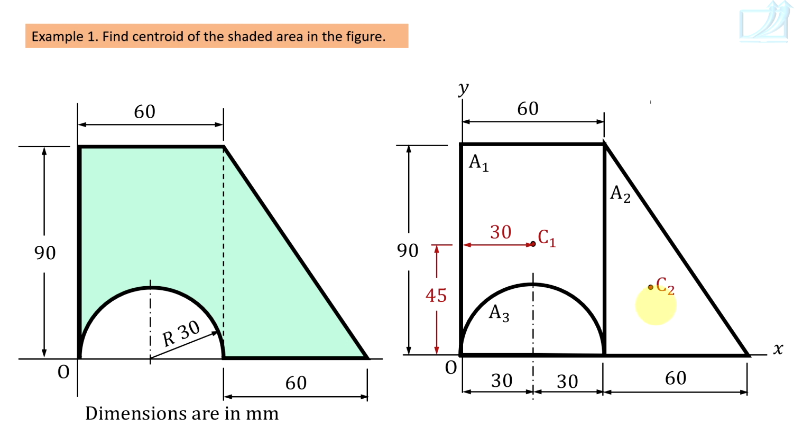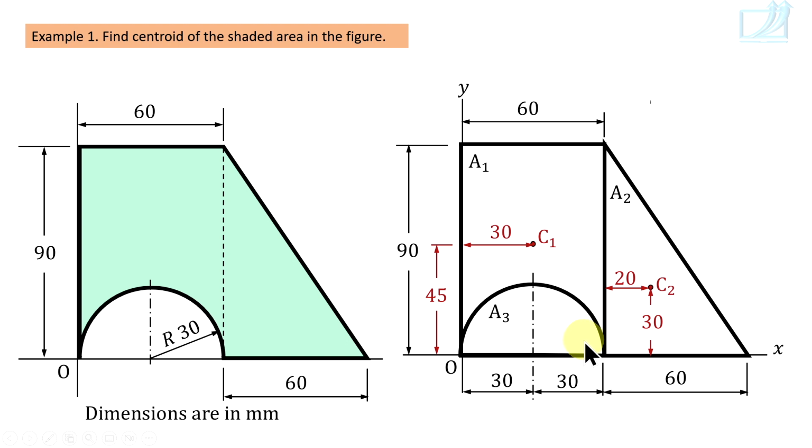It's not somewhere here, we know exactly where C2 is. Distance of centroid of a right angle triangle from its perpendicular edges, we know H by 3, B by 3. So this vertical distance is 1/3 of height, this horizontal distance is 1/3 of base. Height is 90, so 1/3 of height is 30. And base is 60, so 1/3 of 60 is 20. And what do you know about centroid of a semicircular area? It lies on its axis of symmetry.